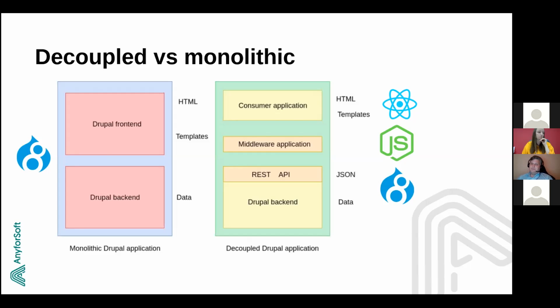So it's some application which is used for converting data from the Drupal backend provided by the REST API interface. It applies its own templates, or uses Drupal templates, for converting data into HTML and displaying it to the end user. This is how a decoupled application works here.